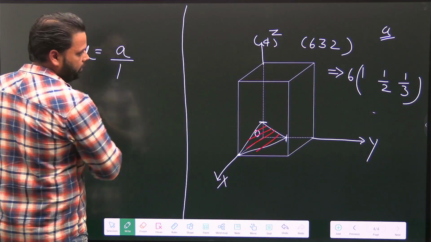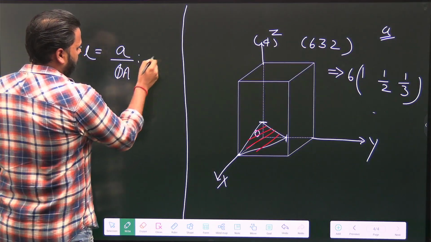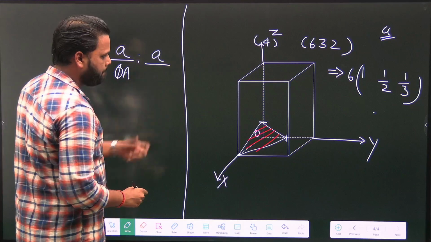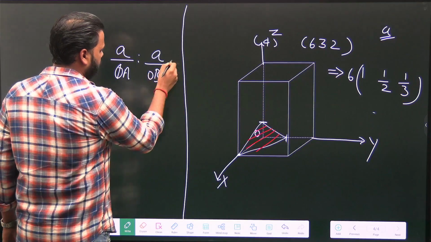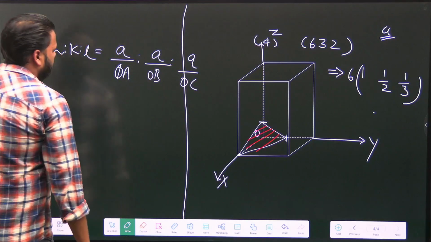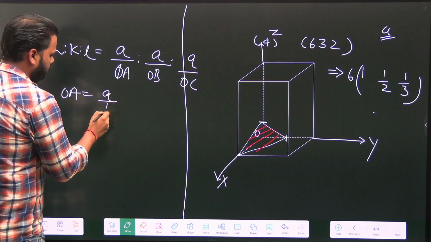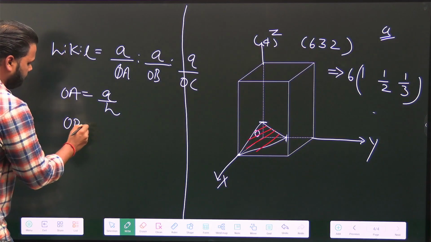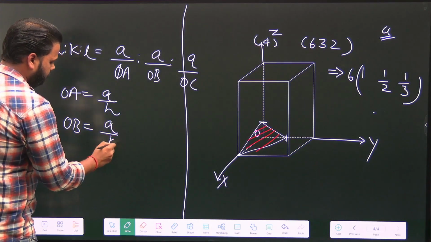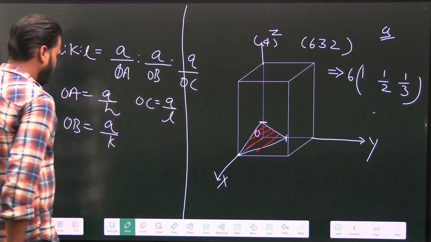Okay, and intercept is OA. Actually, this is OA is to A upon OB is to A upon OC. Right? Clear है? So the OA will be what? A upon H. OB will be A upon K. And OC will be A upon L.